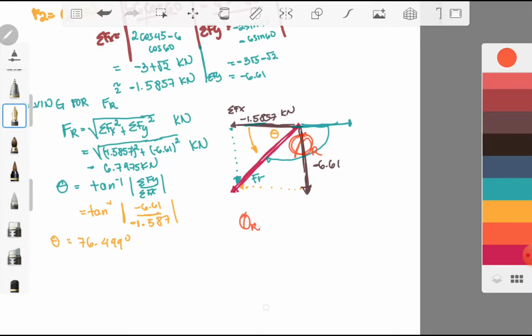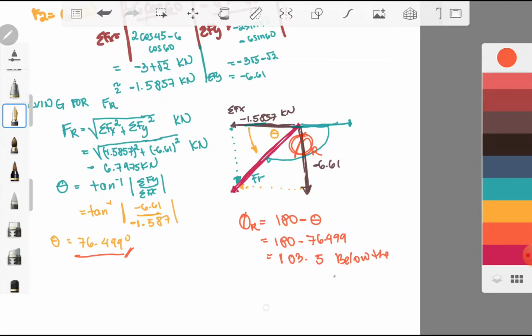is equal to 180 minus theta. Knowing that your theta is equal to 76.499, so I may say that it is 180 minus 76.499. So we have a value equal to 103.5 below the x-axis.